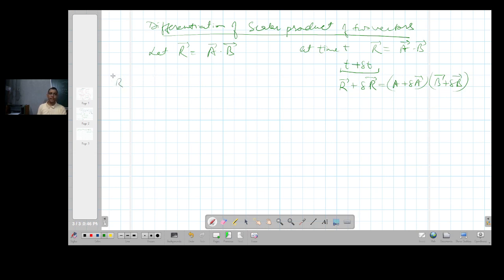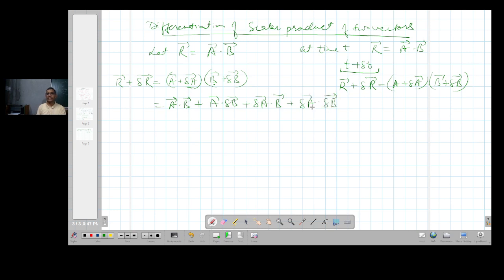Now this r plus delta r can be written like this. It is a plus delta a dot b plus delta b, so it is a dot b, plus a dot delta b, plus delta a dot b, plus delta a dot delta b.